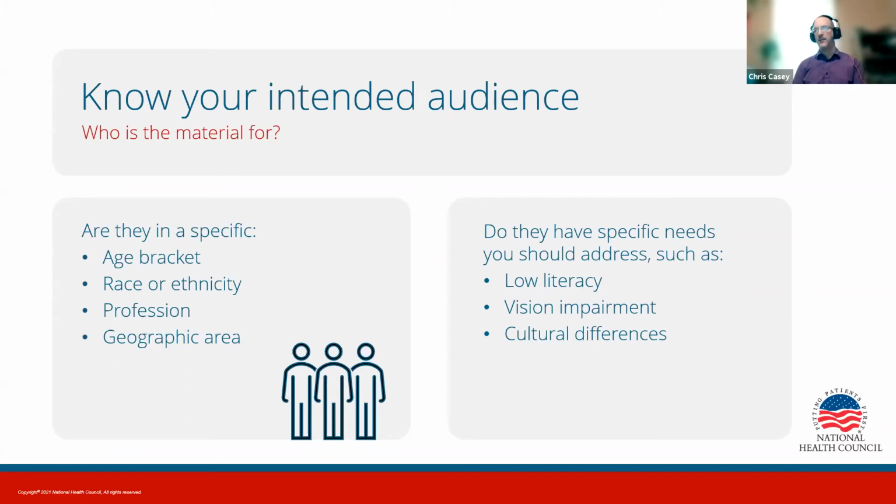Those are demographic variables, but there are also specific needs you might address, such as low literacy or low health literacy, vision impairment. That would impact the way you design and present materials or the media that you choose to put them out into the world, or cultural aspects, cultural differences between different audience subgroups.